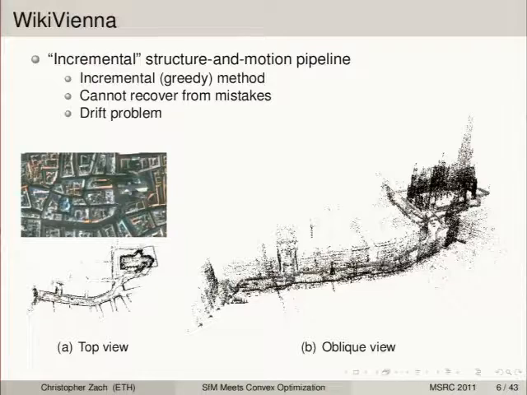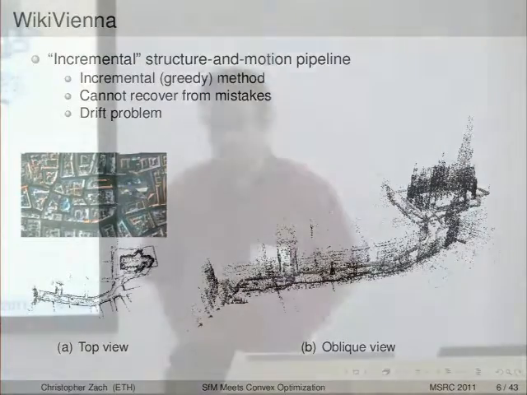Especially, one student I worked with did an amazing job in implementing a structure from motion pipeline, which was, let's say, in general not too different from what phototourism does, with some more or less minor differences in the details.